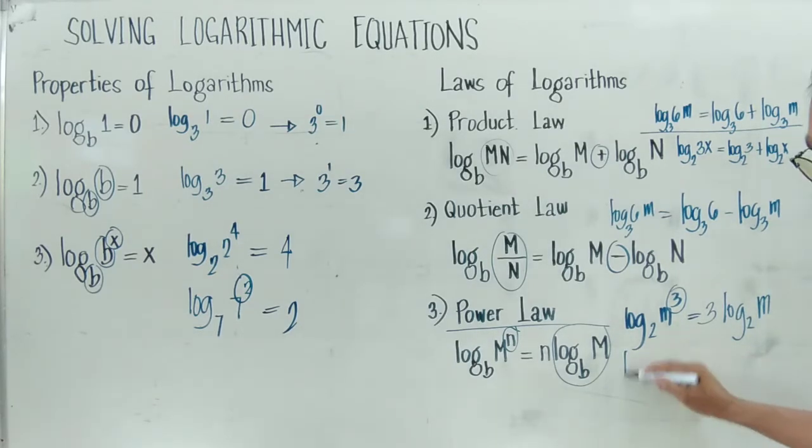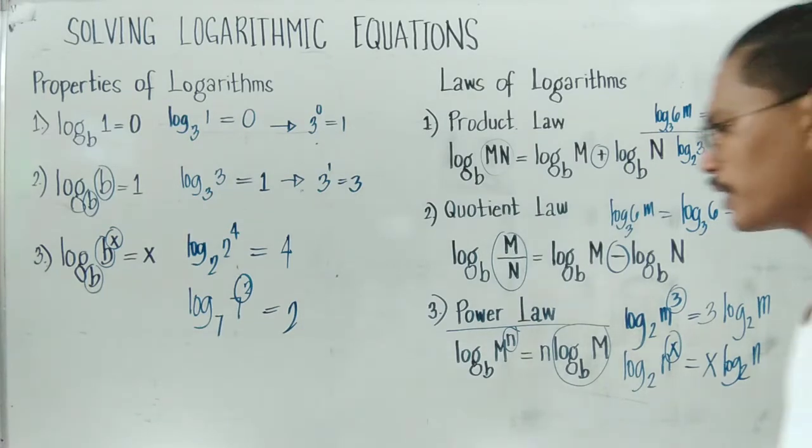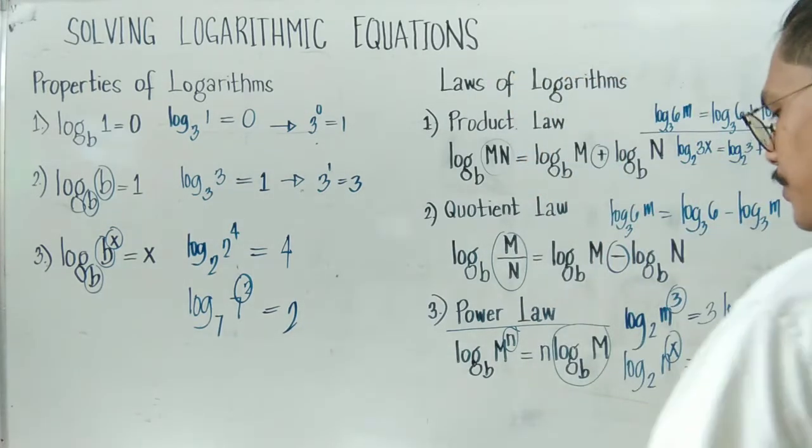Another example, we have log of n raised to x base 2. So again, the exponent x is multiplied to the log of the number. So easy. Okay, so let us apply these properties and laws in solving logarithmic equations.